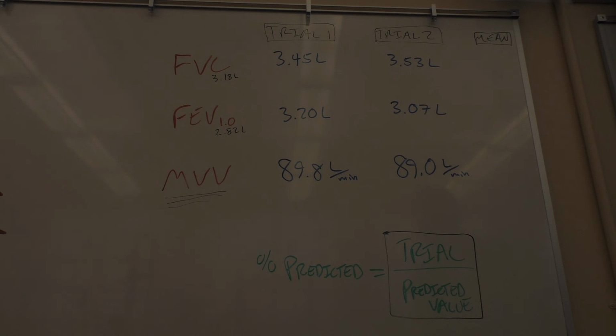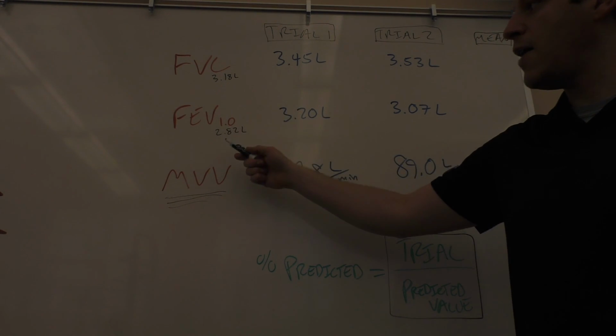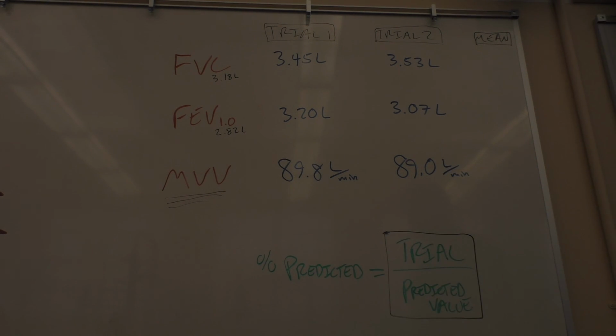And that's going to give you a percentage. For the FVC, the predicted value is 3.18 liters. And for FEV1.0, the predicted value was 2.82 liters. That's based on a person's gender and on their height and to an extent upon their weight. So that is pre-calculated before any of the measurements.